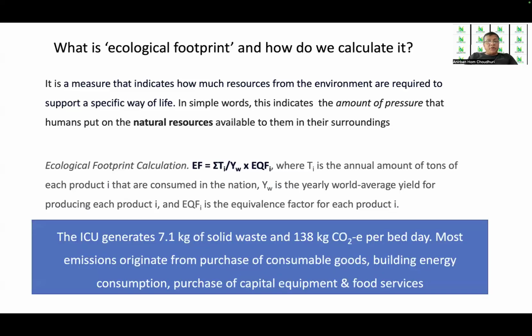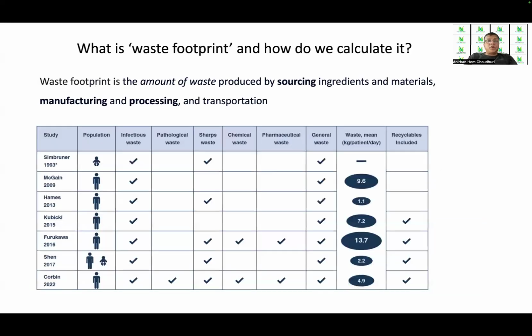It is important to understand that the ICU generates around 7.1 kg of solid waste and 138 kg of carbon dioxide equivalent per bed per day. This is a finding in a 2021 study.